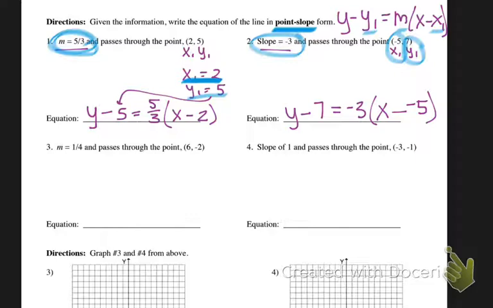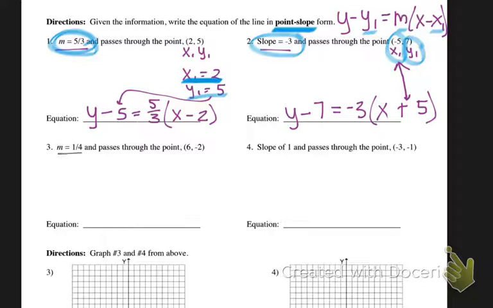Now the only thing we have to do is just clean up this right here. Minus negative becomes a plus. So I'm going to change that minus negative to a plus. The shortcut, if you want to use a shortcut, is that it's opposite of what it looks like in the point. So if the point is negative 5, in your answer, it's going to look like plus 5, a positive 5.